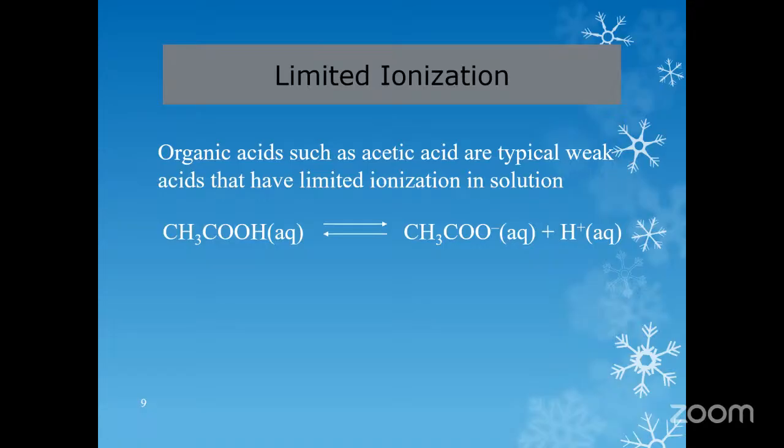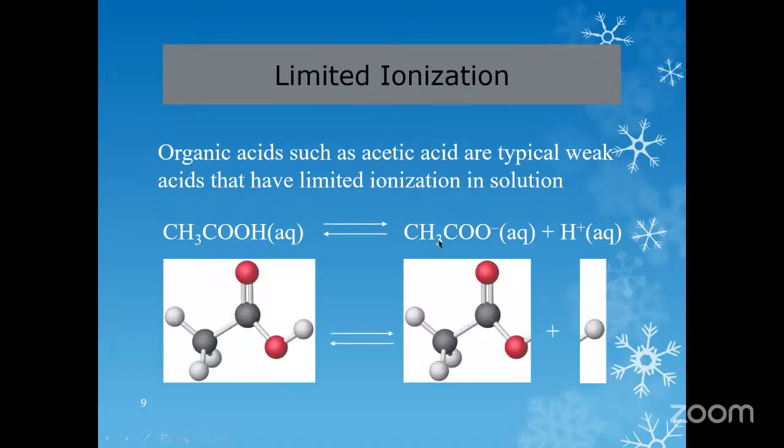And as a result of that back and forth, the concentration of the acetate and the H+ ions will be relatively low, especially when compared to strong acids, where you don't have that back and forth, right? So that's basically true for all weak acids. And this is just showing you the case of acetic acid. Down here, we have a ball and stick model representation of the same dissociation.